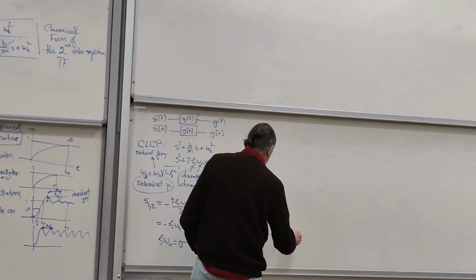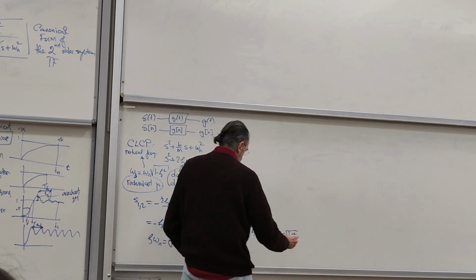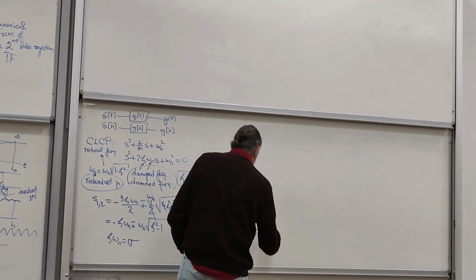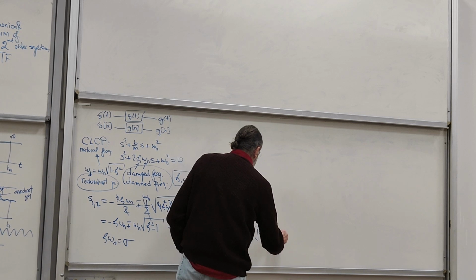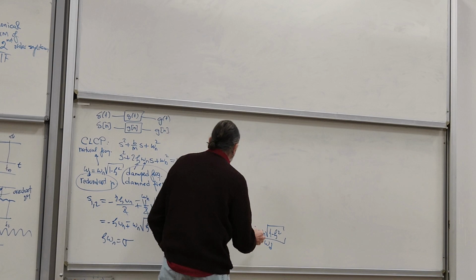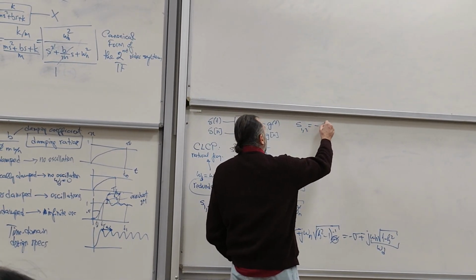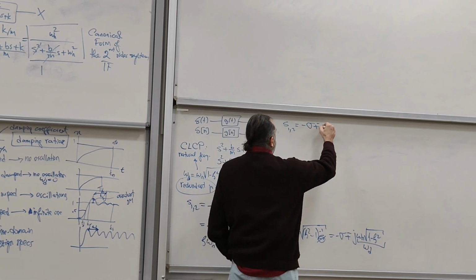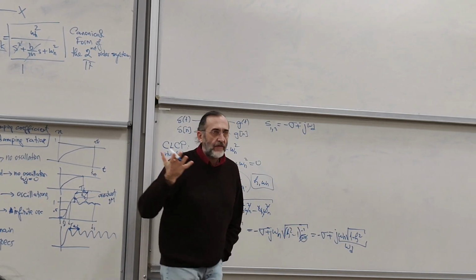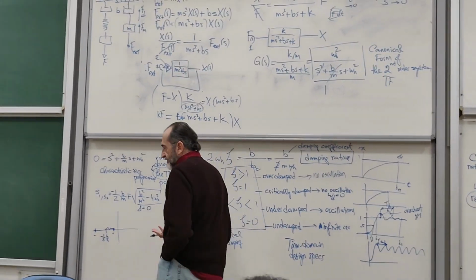So this is going to be equal to minus sigma plus or minus j omega n square root of 1 minus zeta squared, which we recognize as omega d. So S1 and S2 is equal to minus sigma plus or minus j omega d, which is our familiar S.